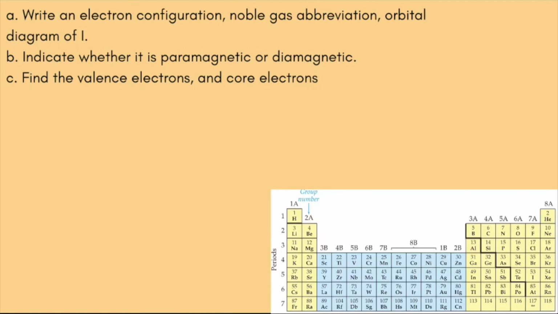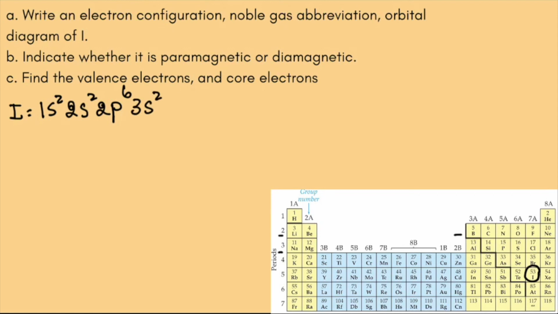Okay, so iodine is right here. It has atomic number 53. Iodine will have 1s2. After 1s2 we have 2s2 and then 2p6. After 2p we have 3s2.